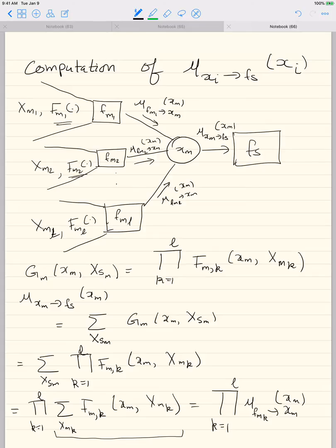So what we have shown is that we now have formulas for computing the message from the variable node xm to the factor node fs. To do that, we just take the incoming messages into this variable node from the downstream factor nodes fm1, fm2 to fml and multiply them in this fashion.